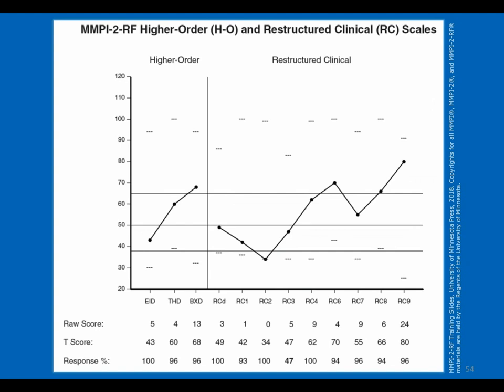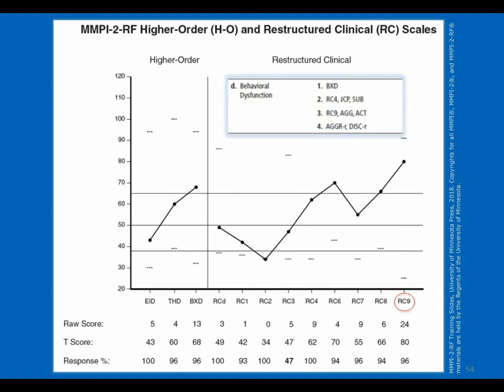Just as a reminder, the scales in the behavioral dysfunction domain are organized in this manner, where we have the higher order scale, Behavioral Externalizing Dysfunction, the restructured clinical scale for antisocial behavior, and its lower level specific problem scales, juvenile conduct problems and substance abuse.